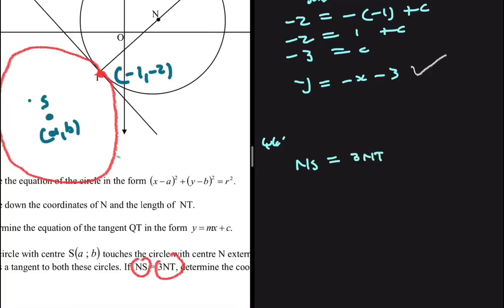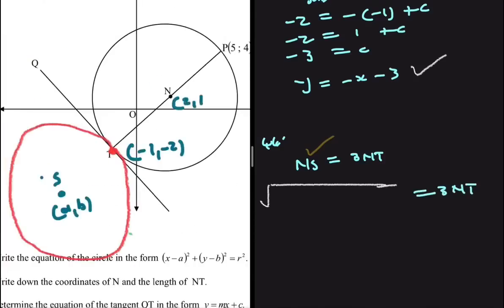That is the first thing I'll be thinking about. So NS, using the distance formula. Right, let's go ahead and do that. So this is equals to 3NT.